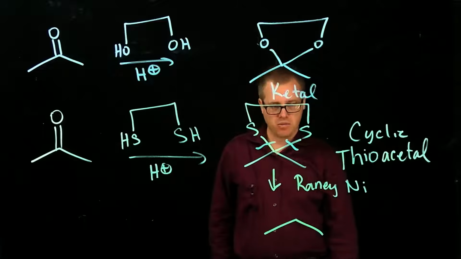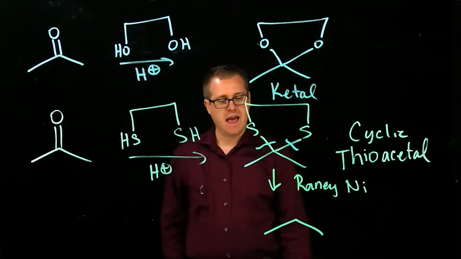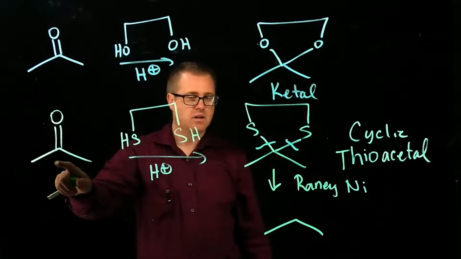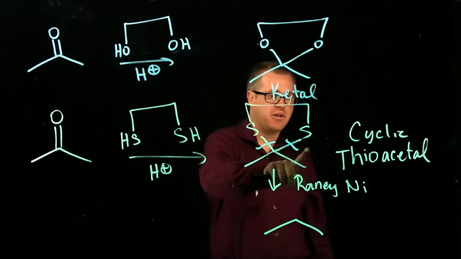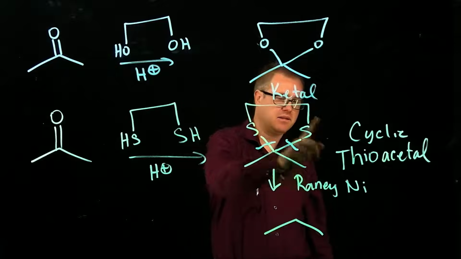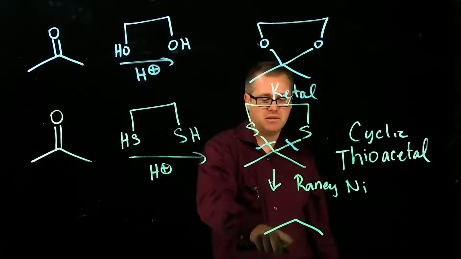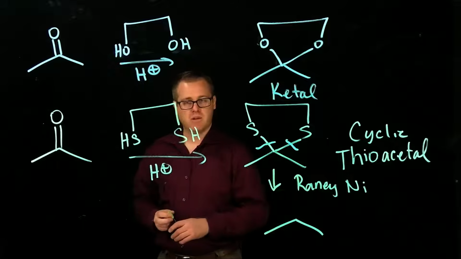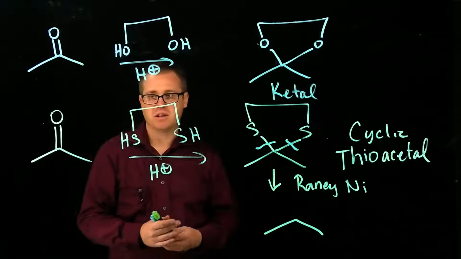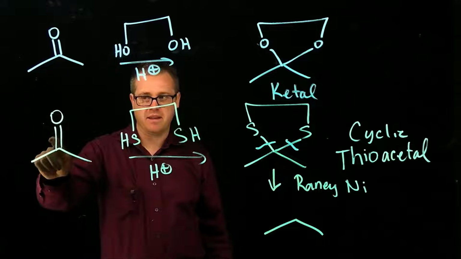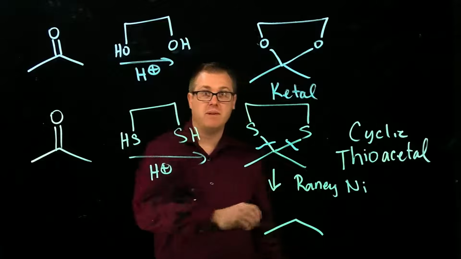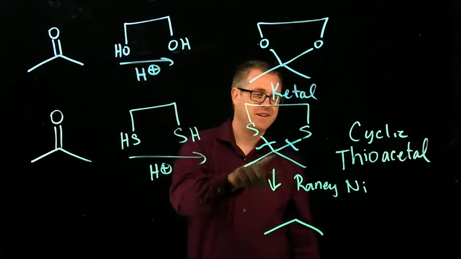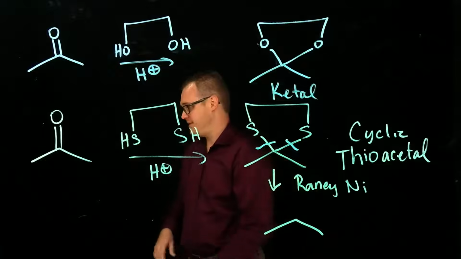So there's another way to make alkanes. You can start with ketones, convert them to a thioacetal, then reduce it with Raney nickel, and you get an alkane. Remember, just a few moments ago, we talked about how we could get this into an alkane? Well, we said the Wolff-Kishner reduction. Well, you can also use the cyclic thioacetals.